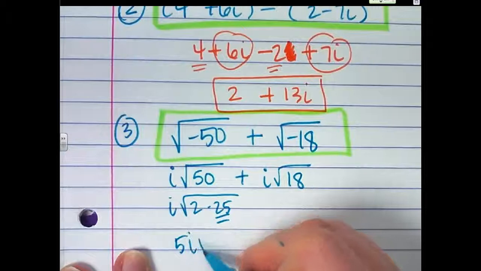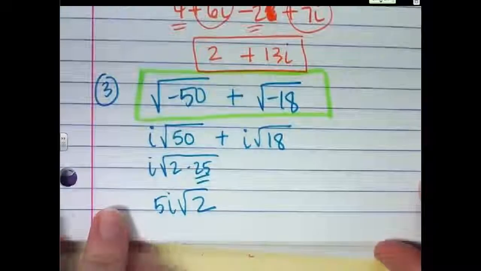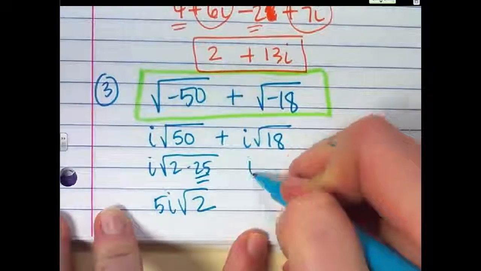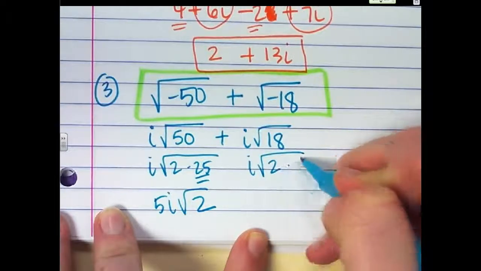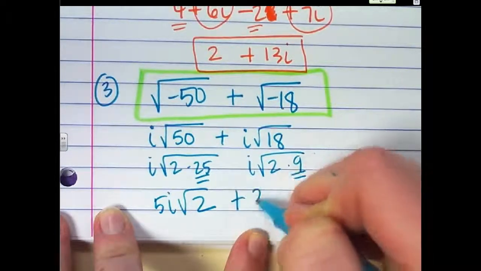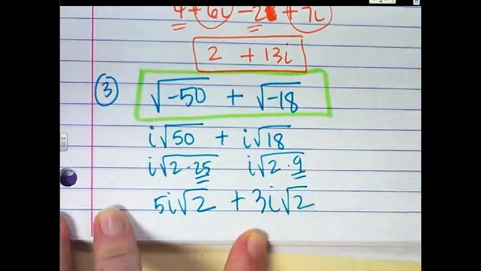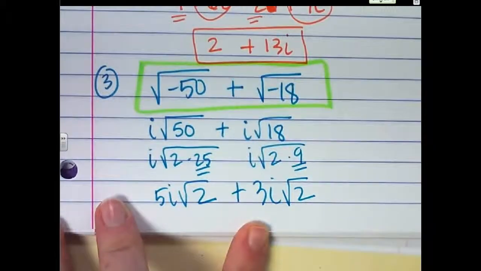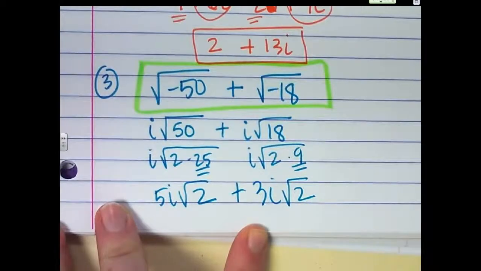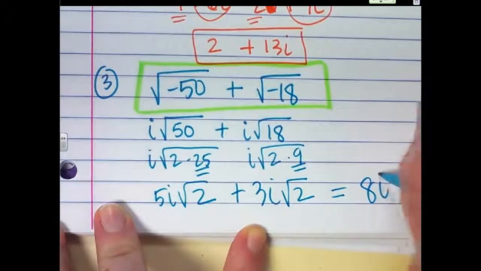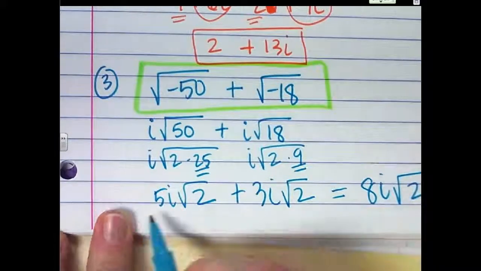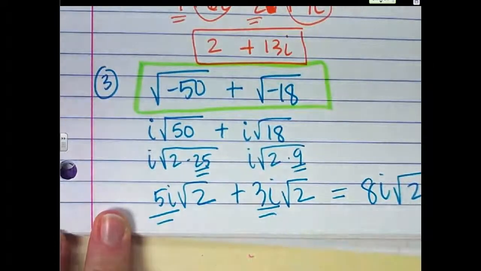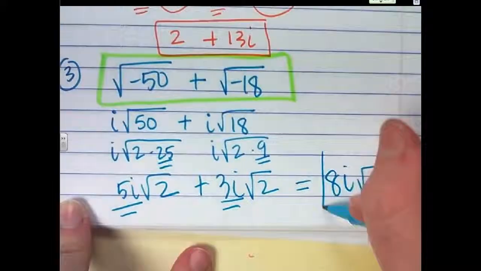So 5i squared 2. And 2 times 9. Now can I add them? Yes. So what do I get? Good. 8i squared 2. Remember, you just combine the numbers in front. And that's it. You can't simplify it anymore.